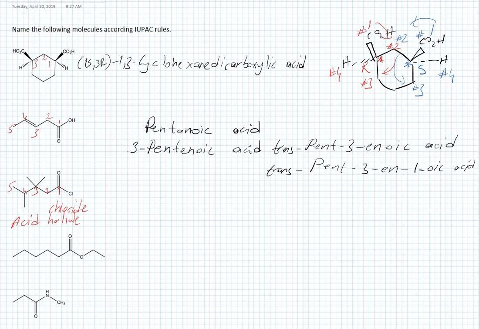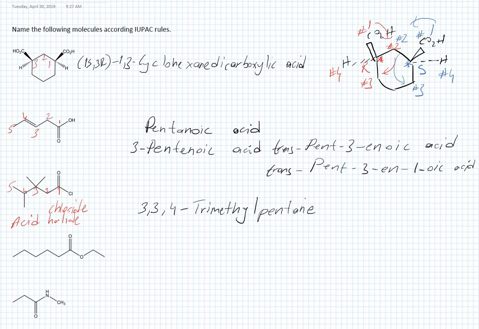So let's just write the name. We have methyl at the third position, dimethyl, and at the fourth, methyl. So we have 3 methyl groups. How are we going to report them? We have to write their positions: 3, 3 and 4. We have to say trimethyl.